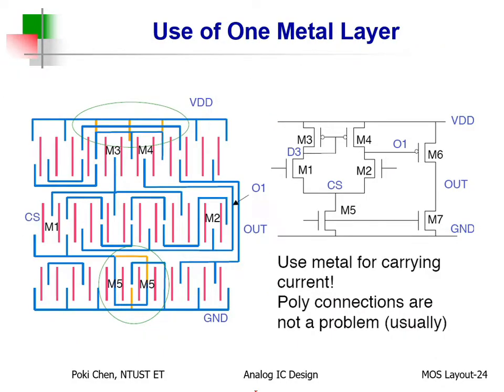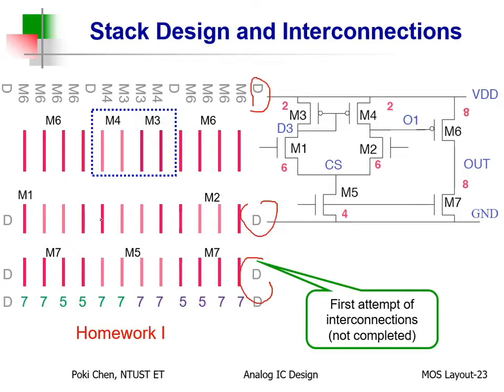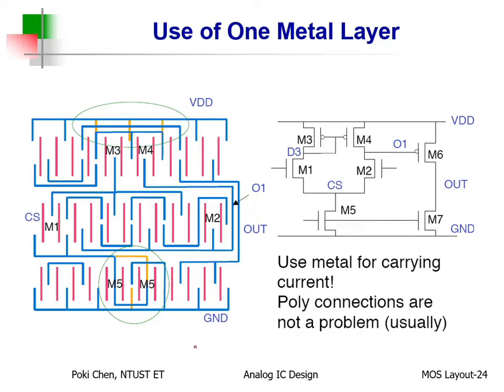So after that, you have the stick diagram. We call it stick, right? But that is not any kind of real layout. I mentioned already, you need to be your own compaction program. According to the stick diagram, then finally do the real layout by yourself.